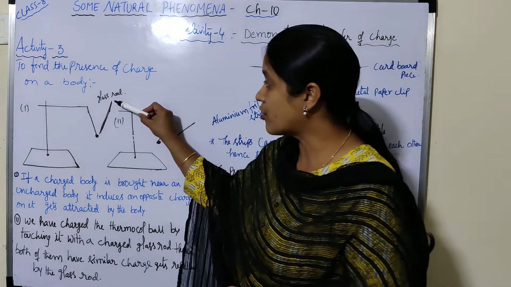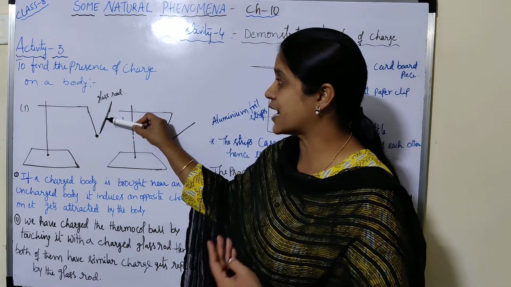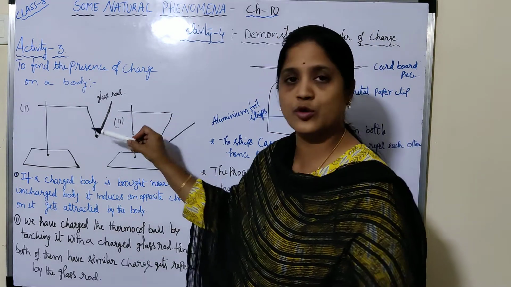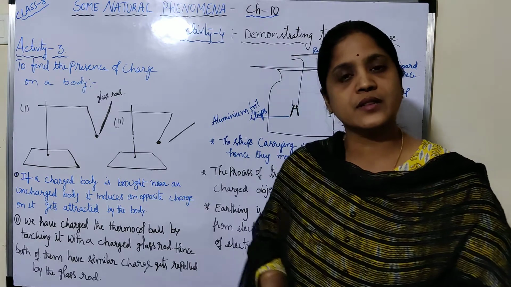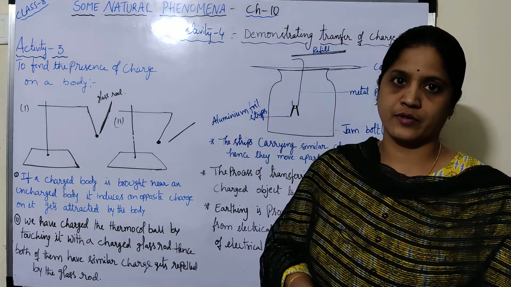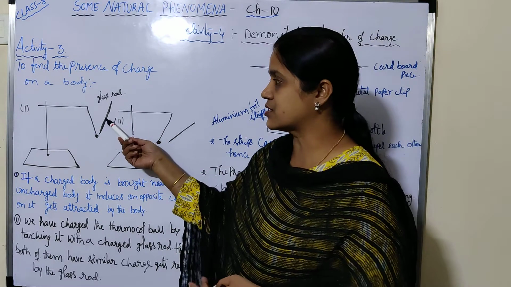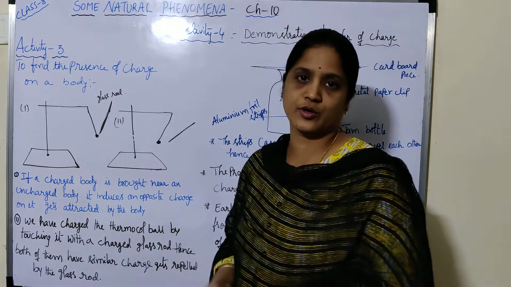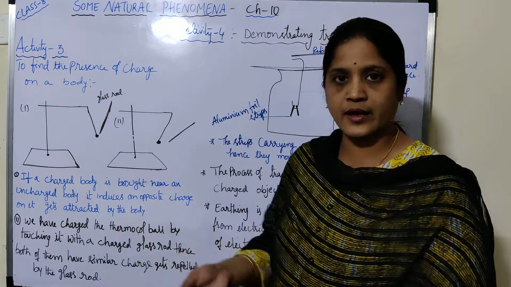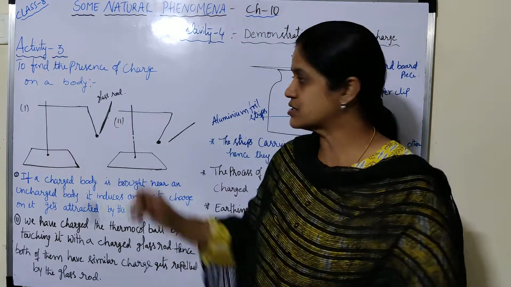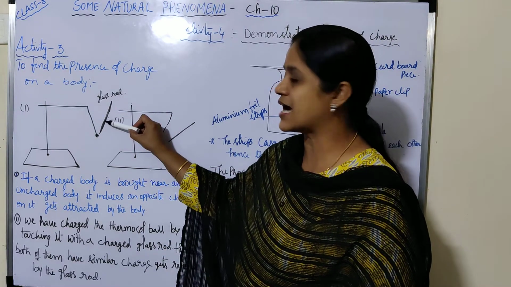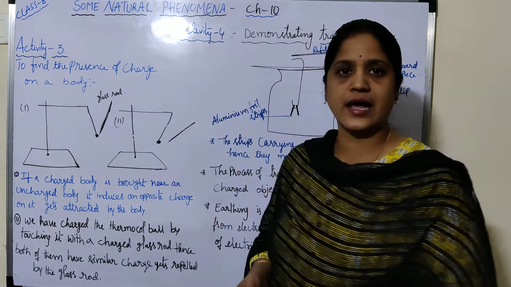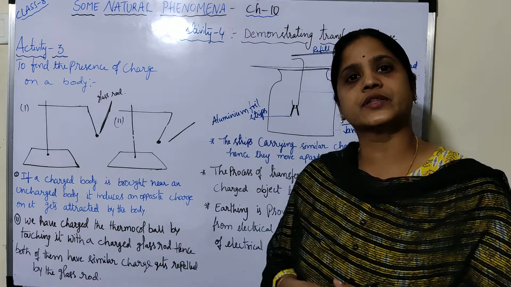Then the charge acquired by the glass rod is transferred to the thermocol ball wrapped in the silver foil. Whatever charge the glass rod has, the same charge is acquired by the thermocol ball. Then, because the charge is transferred, the glass rod is discharged. Take this glass rod and again rub it with the silk cloth.